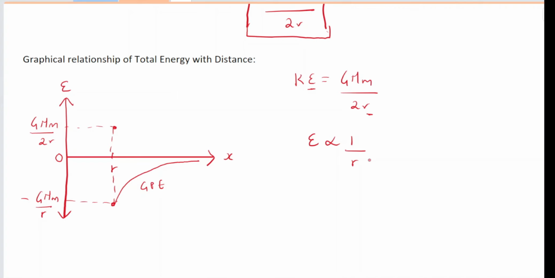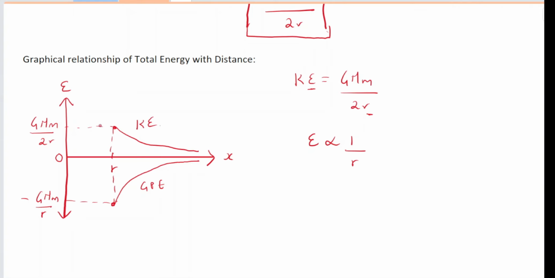If it's inversely proportional, it means that the graph is going to decrease, and in inverse proportions like this the graph decreases as a curve and not as a straight line. So you will see that the graph will go something like this, right? So this will be the kinetic energy.